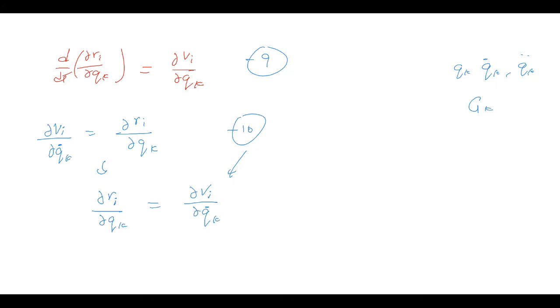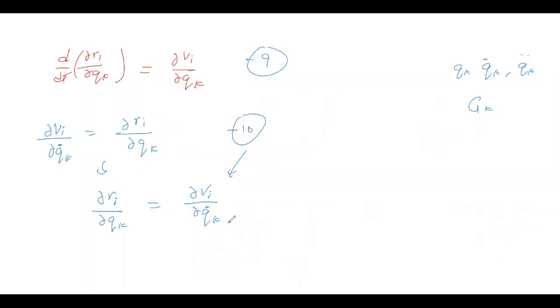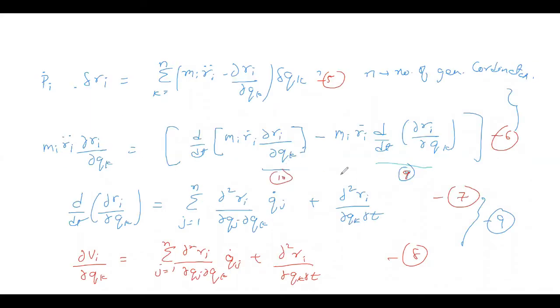So here I substitute equation 9, this part. I will keep equation 9, and for delta R by delta Qk, I will keep equation 10. These two I will substitute in this part. So you take the summation k equal to 1 to n and this whole part, and then you just replace this part by equation 9 and this part by equation 10.